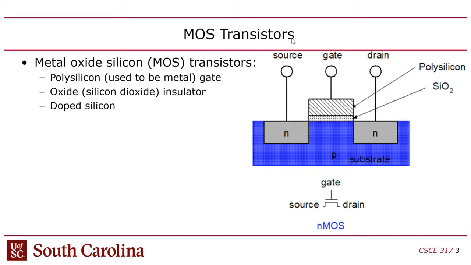A cross-sectional view. Basically, you have a substrate which generally is going to be p-type silicon, usually lightly doped p-type silicon. And then you have these two things called diffusion areas, which are the opposite type of semiconductor, the N type. They are separated by a small amount of space.